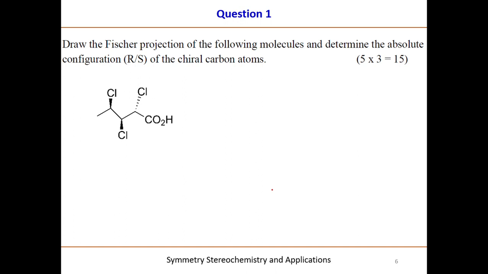Here you can see that again we have three chiral carbon atoms and we have to write the Fischer projection. So the vertical line is our longest linear carbon chain. I'm writing here the vertical line, then three chiral carbons.